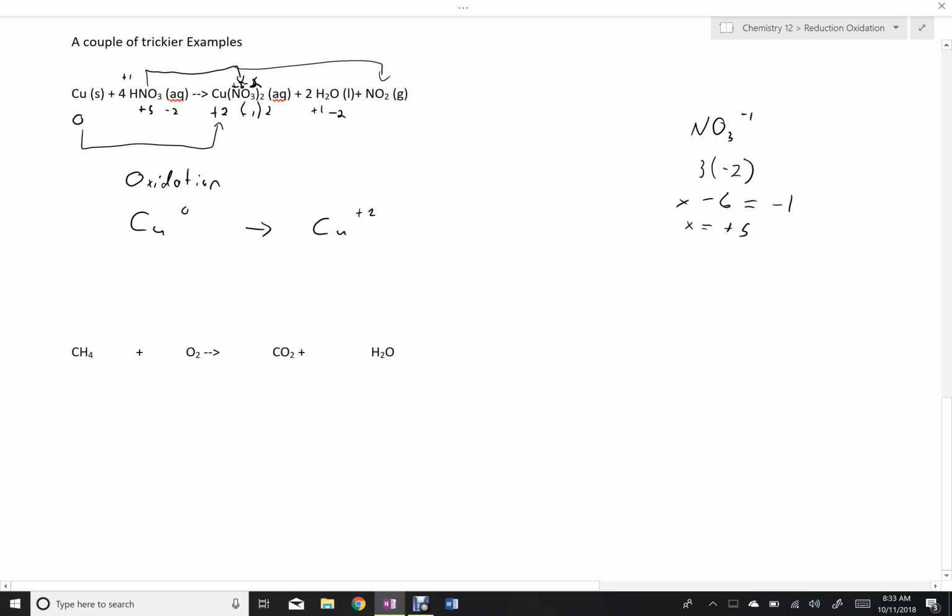In this nitrogen dioxide, we have -2 oxygens for a -4, so this nitrogen is +4. So here we can see nitrogen going from +5 to +4 in our reduction.